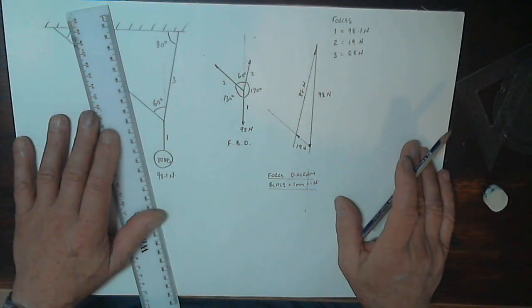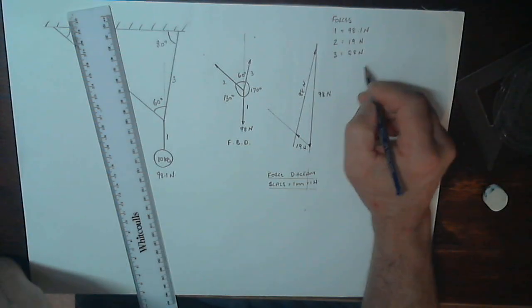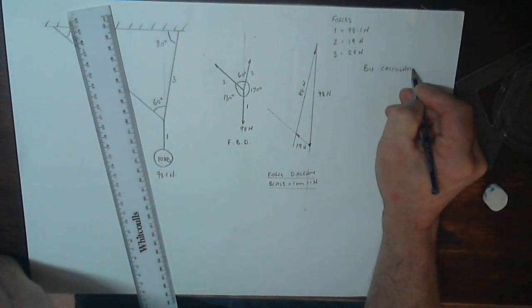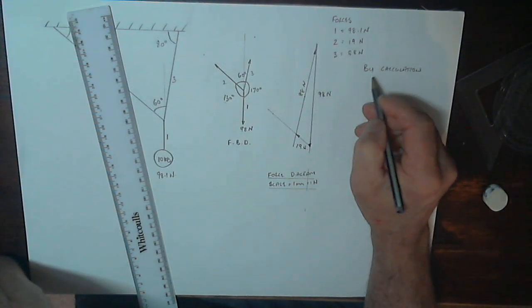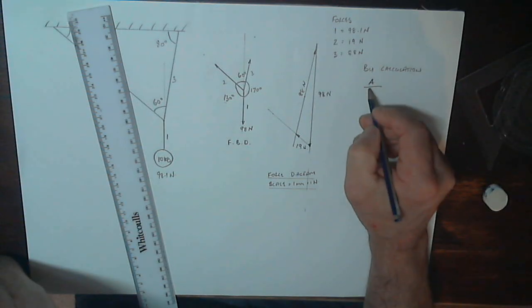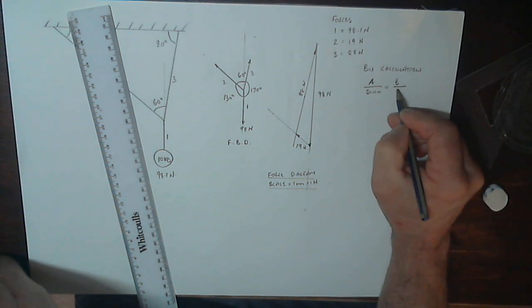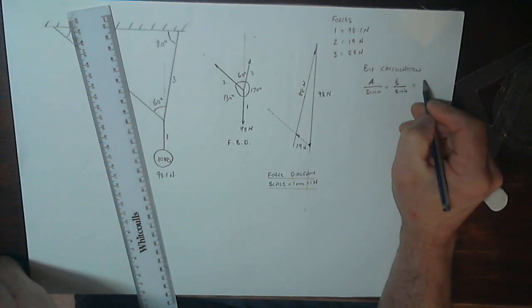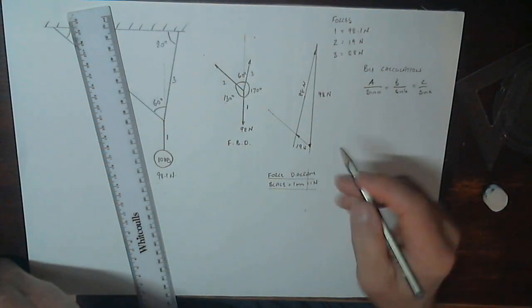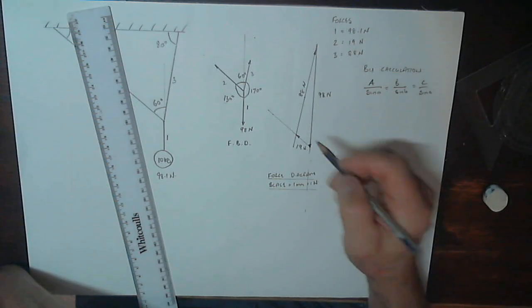So calculating, we would use sine rule. So we go, the sine rule is A over sine A equals B over sine B equals C over sine C. And we could draw another little triangle, but we'll just label this one up for the purpose of this.